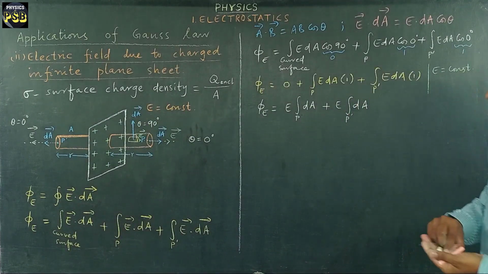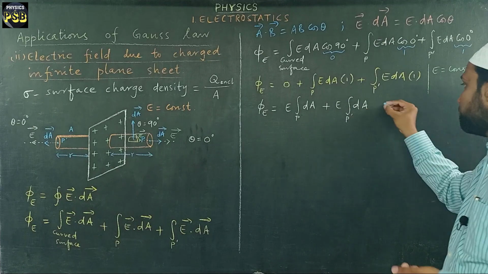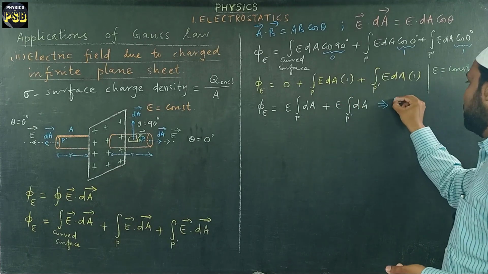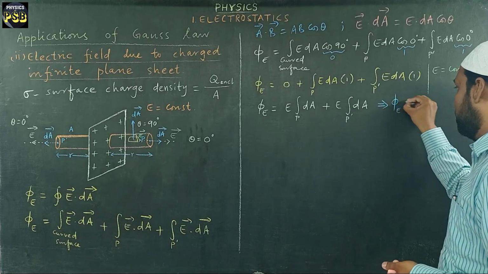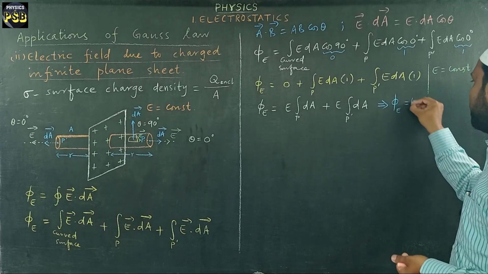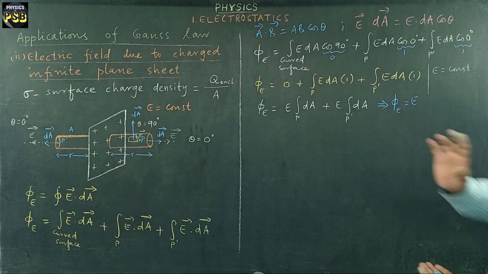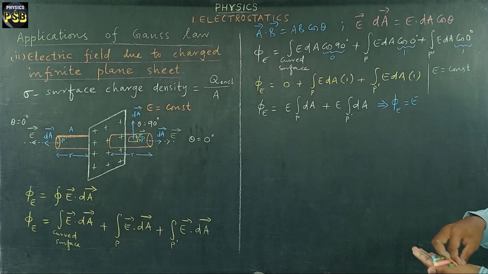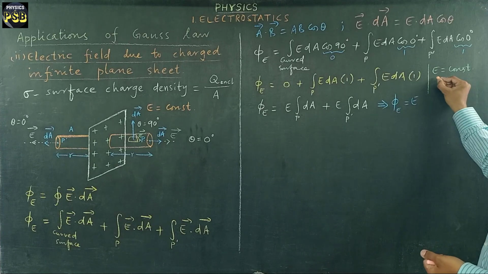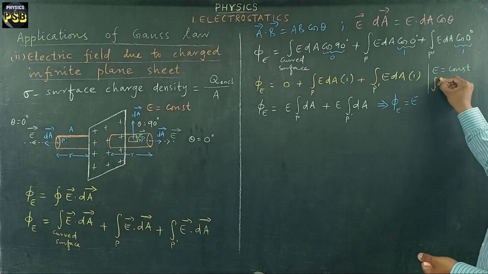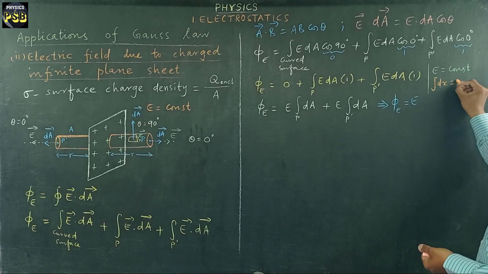Then in the next step, I write phi E as E. Now when I integrate this term, let me show you a simple formula used in integration. Integral of dx is x.